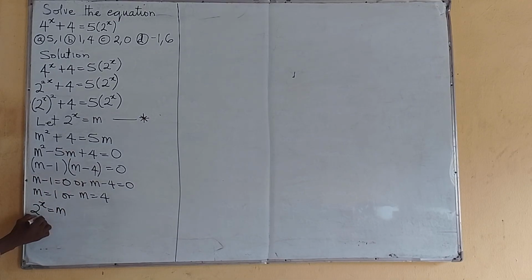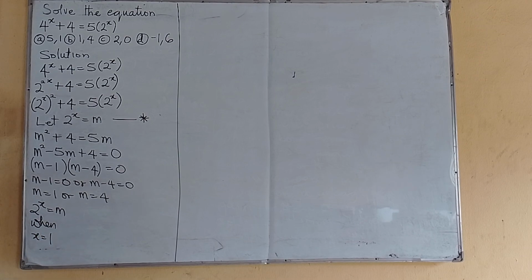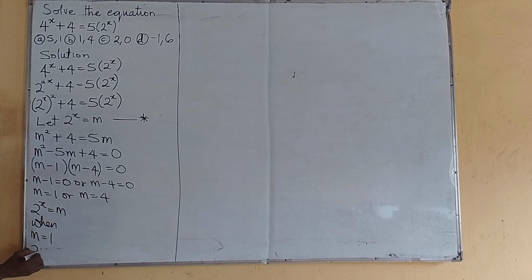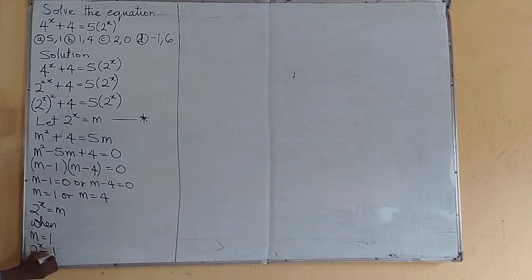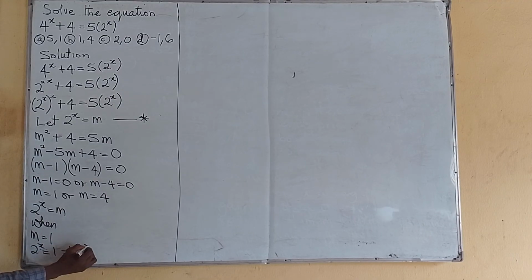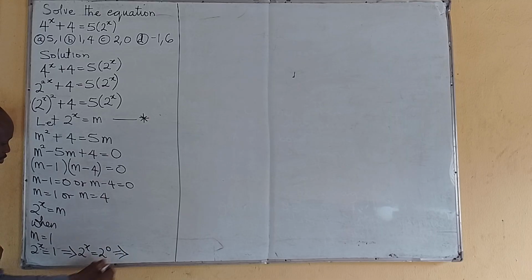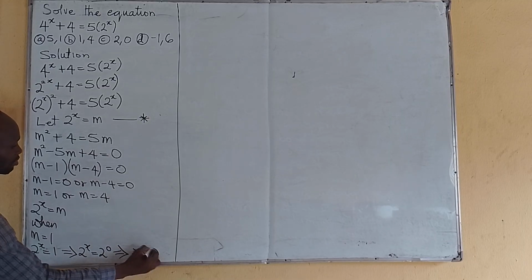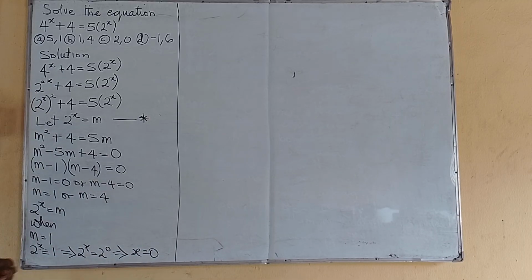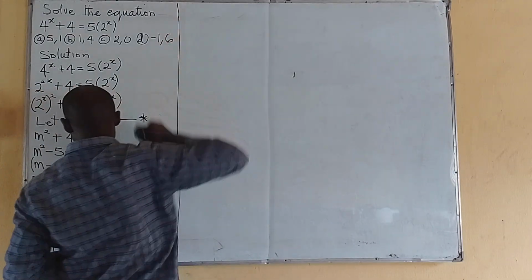So now that thing will help us find x. So we will say when m is 1, we get say 2 raised to the power x now equal to 1, implying say 2 raised to the power x now equal to 2 raised to the power 0. This one will give us x equal to 0. We will do the second one for this other side.